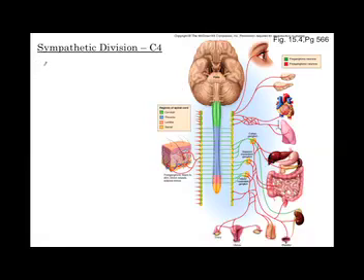It's also known as the thoracolumbar division, because it involves spinal nerves T1 through L2, or at least fibers from T1 through L2.